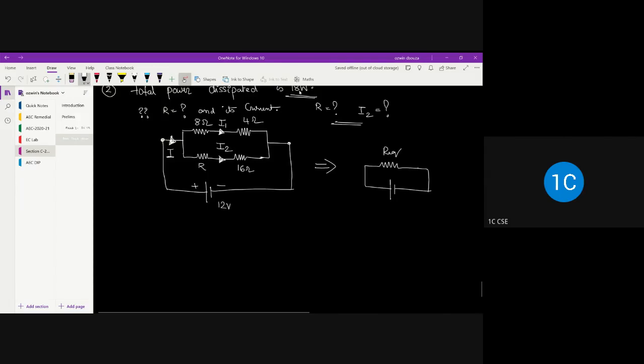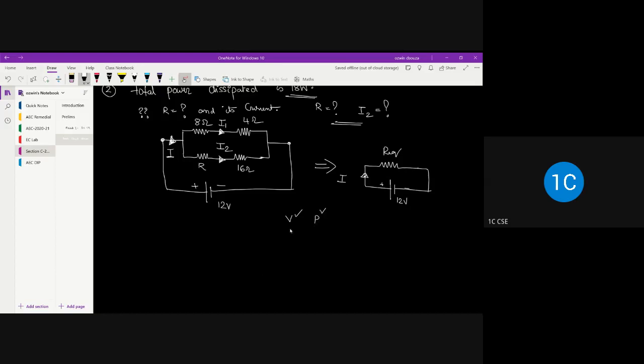Now R equivalent basically represents the reduction of the 4 resistances into a single one. Through R equivalent, the main current I flows, and the voltage 12 volts appears across R equivalent. Now we know voltage, we know power rating.